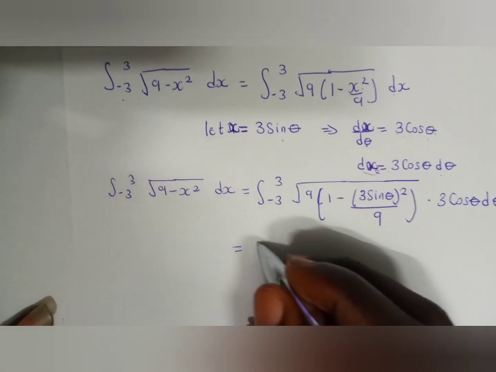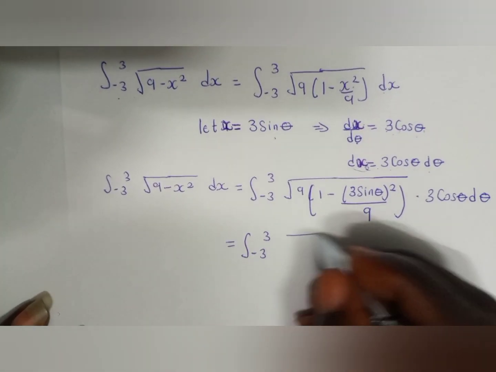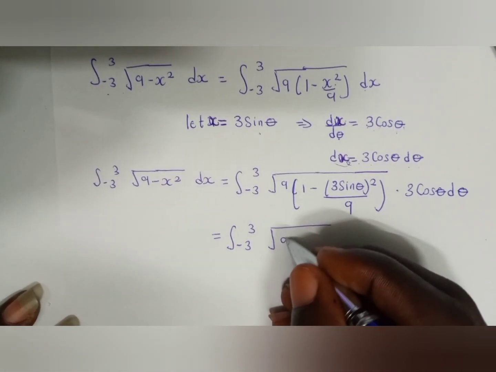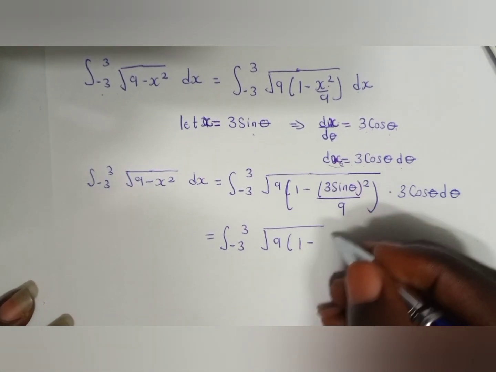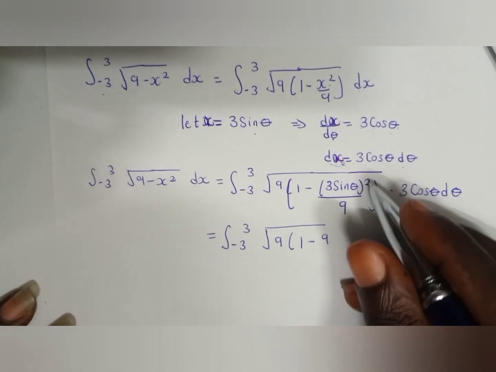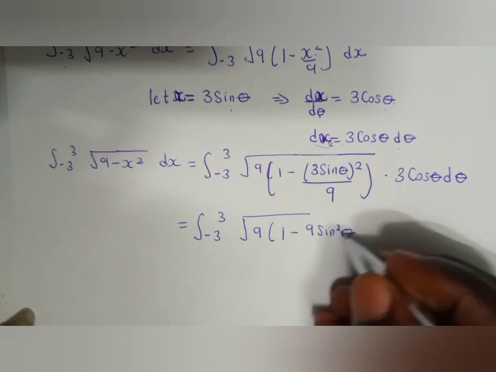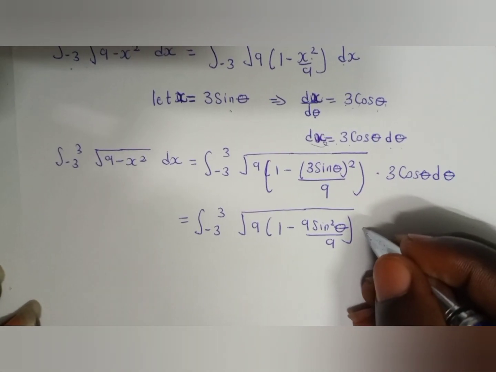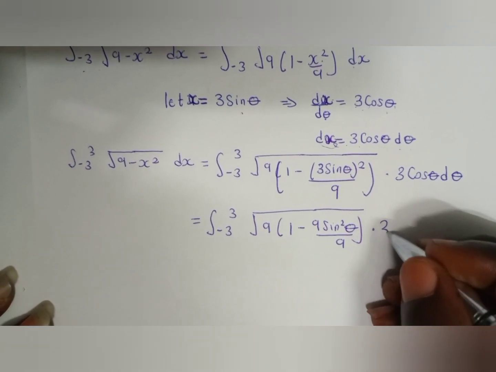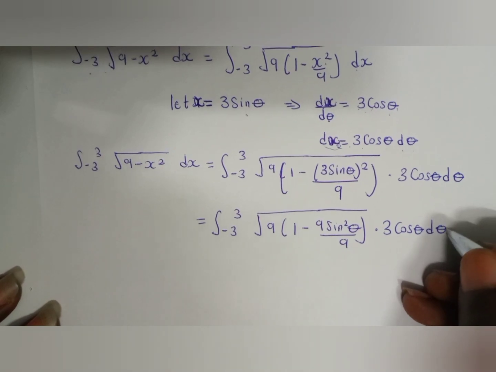Okay. So the integral of negative 3 to 3 of root of 9 into bracket 1 minus, we know that 3 squared will be 9. Sine theta squared will be sine squared theta divided by 9 times 3 cos theta d theta.